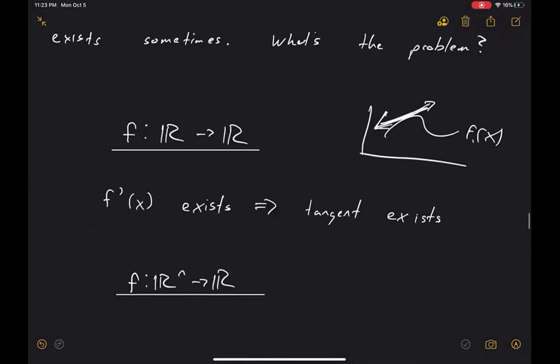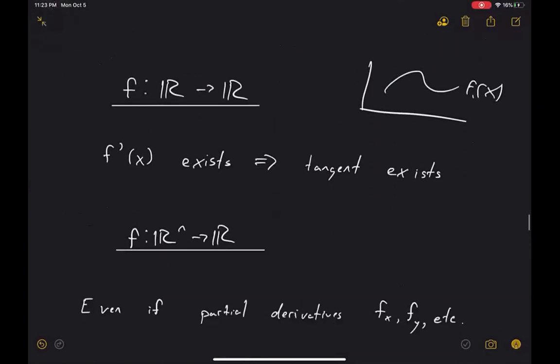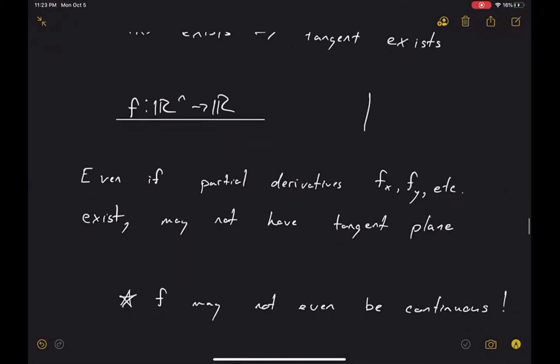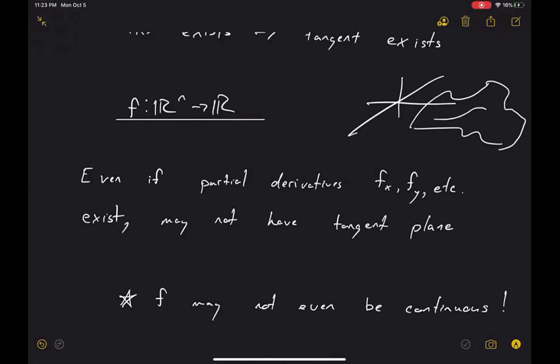What's the problem when I move into higher dimensions? It's this idea that I don't have just one tangent line anymore. As soon as I move into that extra dimension, f from R2 to R, now I have a surface, and maybe I have a bunch of tangent lines all at this point.